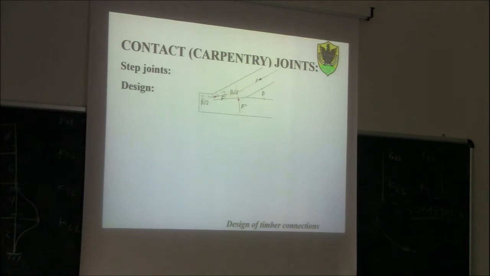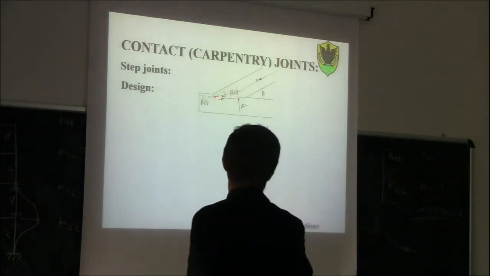Sigma or tau? Sigma, so compression stresses. What kind of distribution along the notch? Constant. Why? Because this axial force doesn't have any eccentricity. This is basically a uniformly distributed compression force.